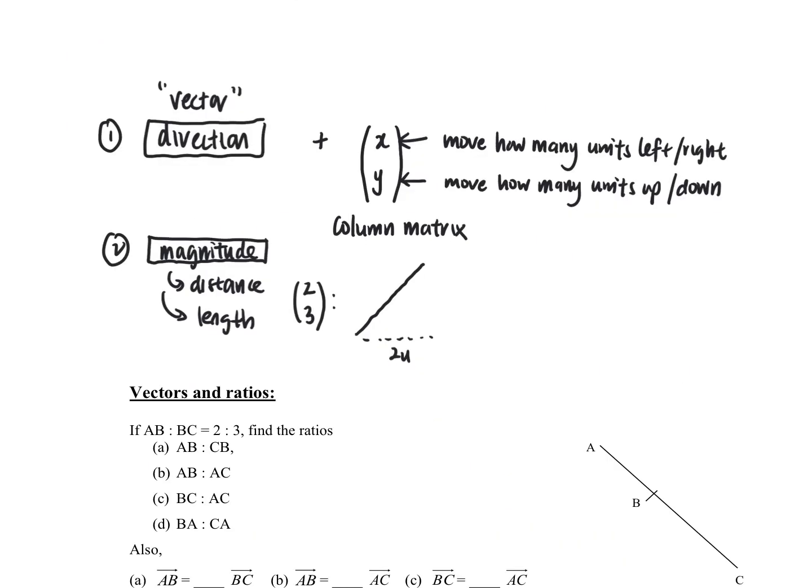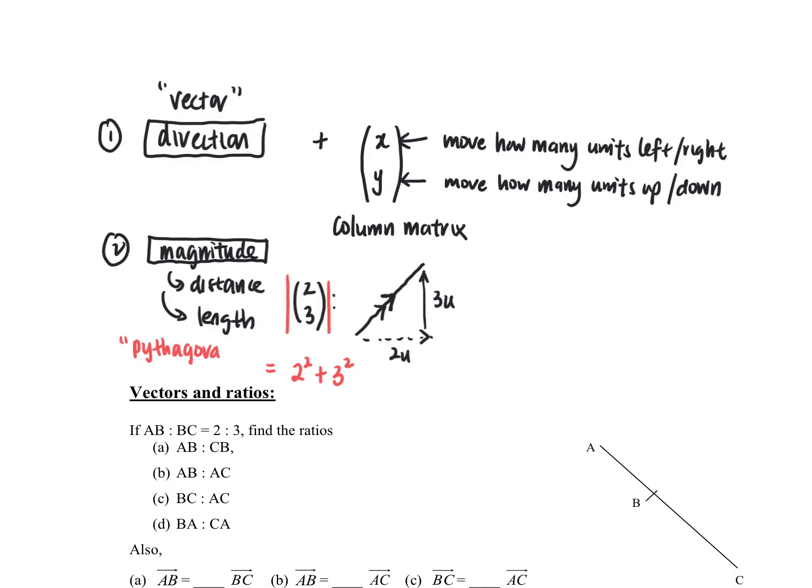Okay, 2 units to the right and 3 units upward. So this is the vector I'm representing, the 2, 3 vector. So if I want to find the length, I will usually use this symbol to find magnitude. And how to find it? I square the x-coordinate and I add up the y-coordinate squared. So to find length is like Pythagoras theorem.